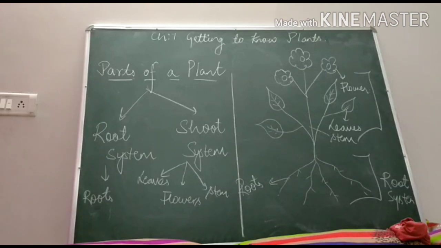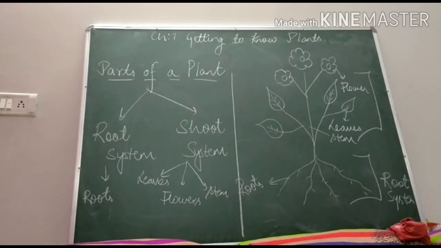Now these are the parts of the plant, but now you have to study all the parts of the plant in detail, and the parts of the plant are classified into two different types. Number one is your root system and number two is your shoot system. Root system comprises the roots and shoot system comprises the leaves, flowers and stem.